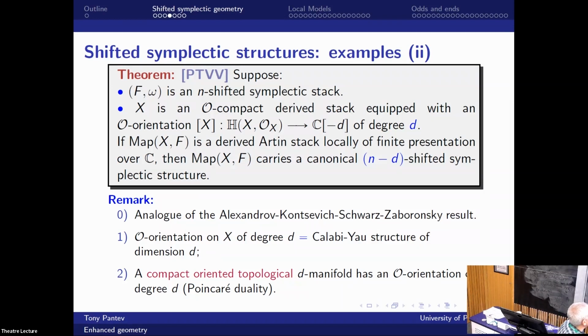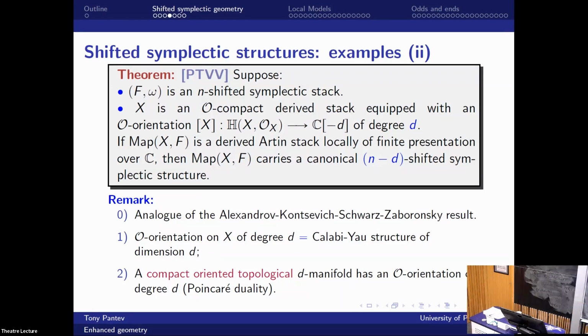And we saw that in John Francis's talk earlier in the week. So if you have one of those guys, then you can look at the moduli of maps from X to F. And it turns out to be a derived geometric stack, which is locally of finite presentation. And then it carries a natural n-d shifted symplectic structure.